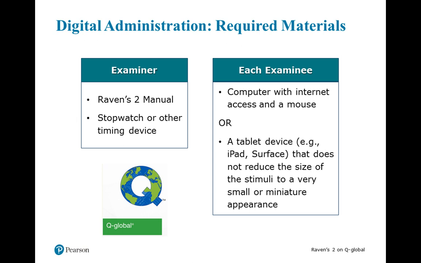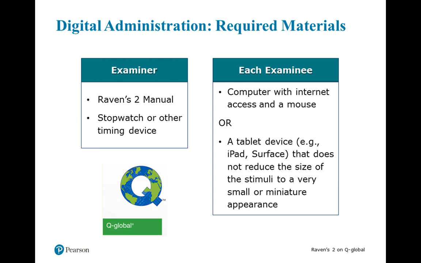Materials required for digital administration include the manual, access to Pearson's Q Global platform, and an examiner's practice link, which is available to help the examiner become familiar with the digital test administration. The Ravens 2 digital long form and short form are available through the Q Global platform for automated test administration, scoring, and reporting.